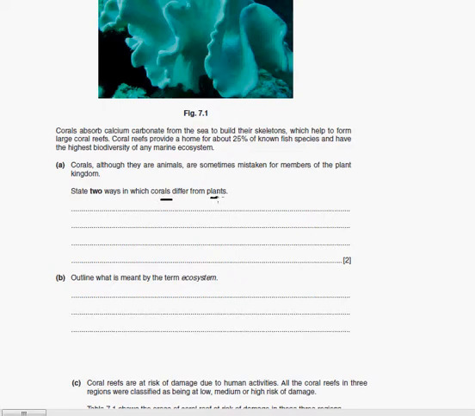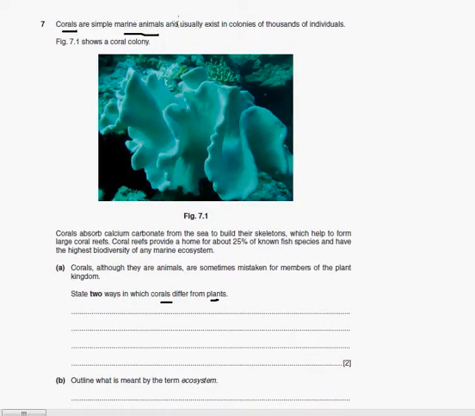So, okay, we know that these are animals. So, animals and plants, we have to find the difference between animals and plants. And the difference is cell wall, okay? There is cell wall, right?